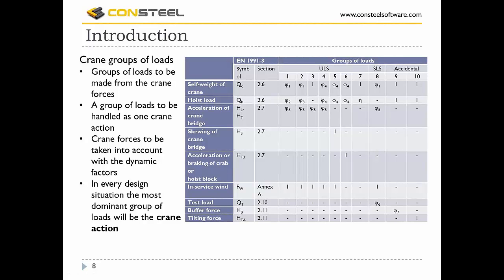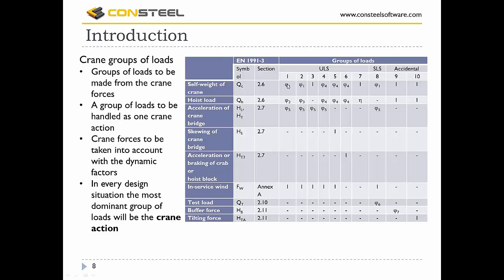From the crane forces, groups of loads have to be made according to the attached table. This table can be found in the EuroCode. We have 7 ultimate limit states groups of loads, 1 serviceability limit states group of loads, and 2 accidental groups of loads. The crane forces shall be taken into account with the dynamic factors.